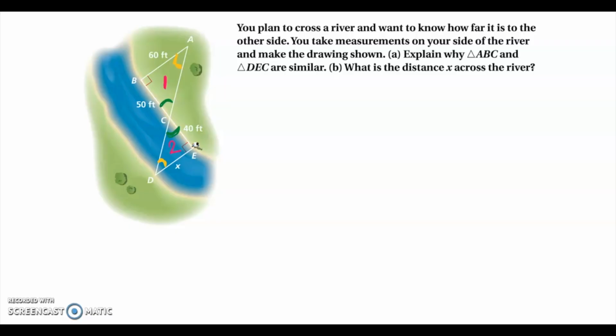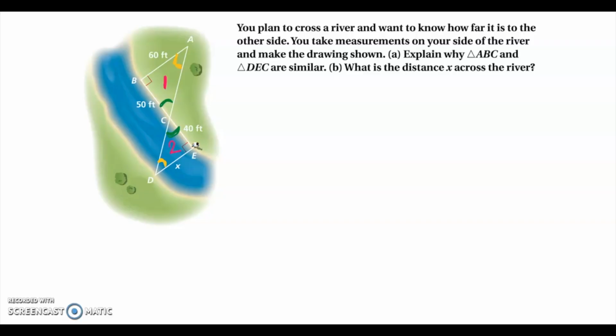Because when I add the 90 degrees plus the green angle, I'm going to need a certain value to get up to 180. And the other triangle, triangle 1, has the same thing. It has 90 degrees plus the same value for green, so that means the two yellows must be the same. So these are similar.